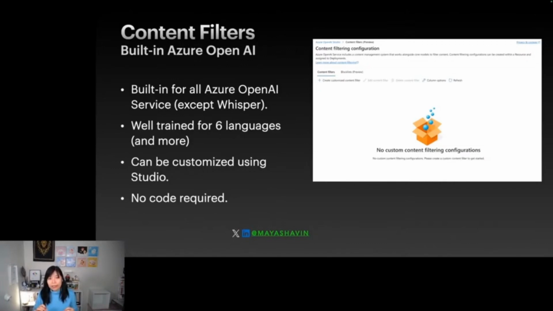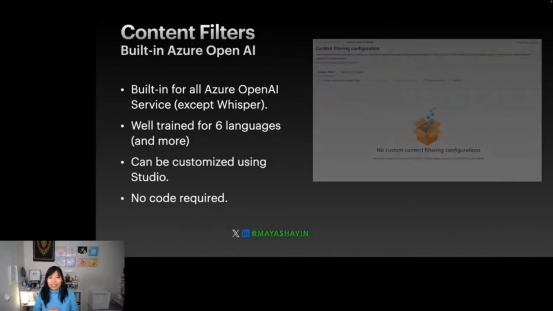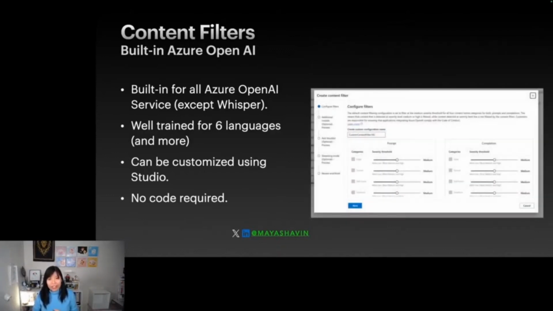It is well trained and tested for 6 languages, and by right, it's supposed to work with more languages, but it's not well tested, so it's not guaranteed. You can customize it only using the Studio experience, Azure OpenAI Studio, and there's no code required on this side.